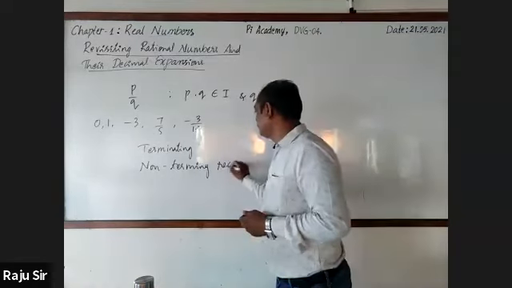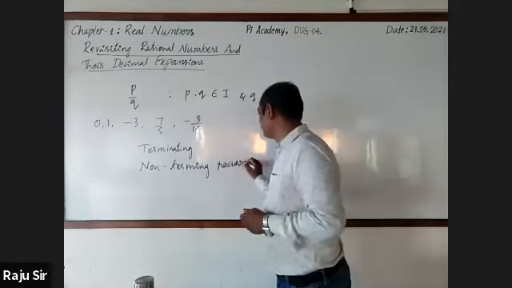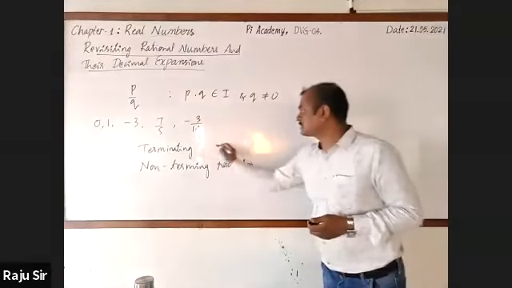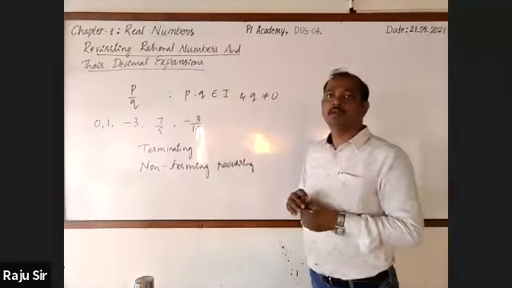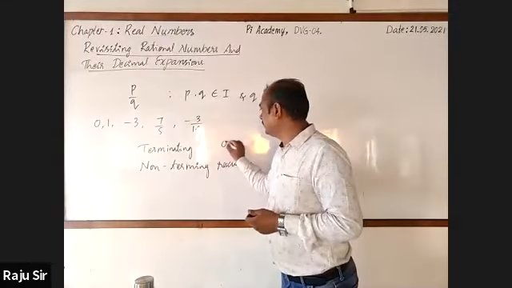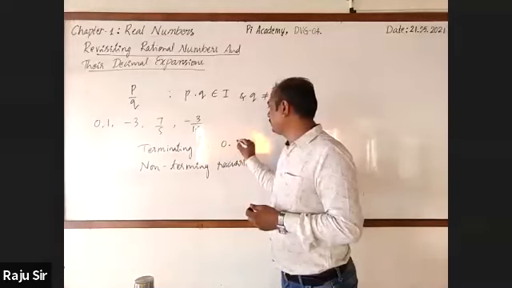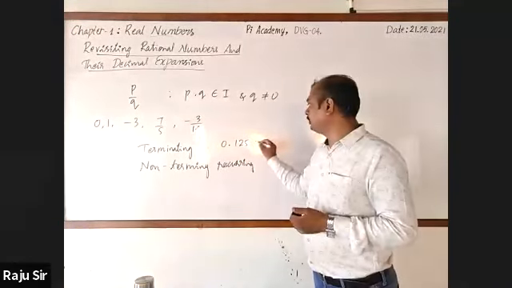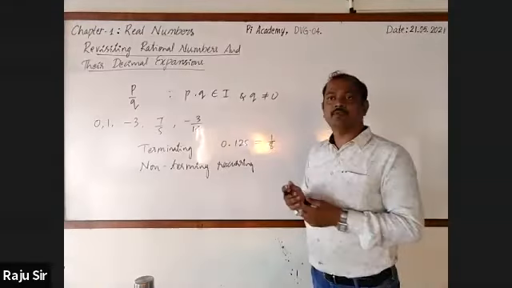You may take an example for terminating and non-terminating recurring. For terminating, I'll take 0.125. We all know that 0.125 is the decimal form of 1 by 8.